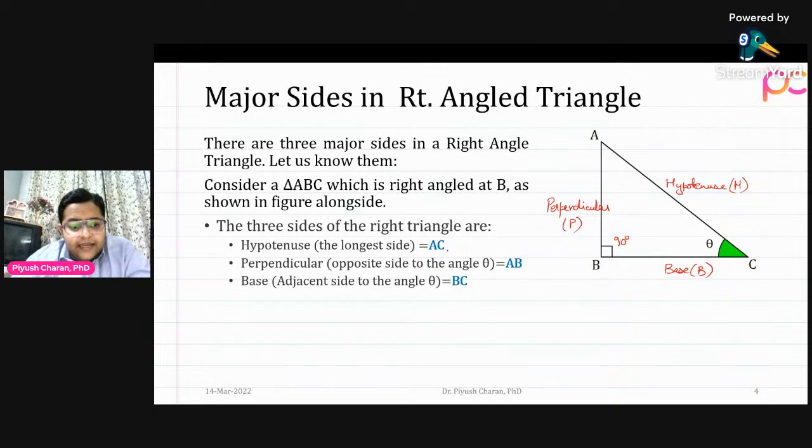So these are the three sides: hypotenuse AC, perpendicular AB, and base BC.